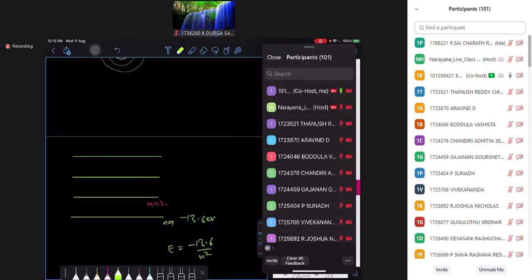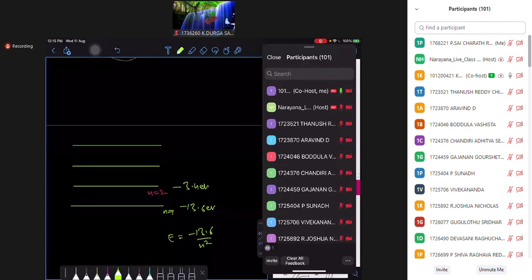So the energy for n equal to 2 is minus 3.4 electron volts. Then n equal to 3: how much energy is there? It is 13.6 divided by 9, and this is minus 1.5.